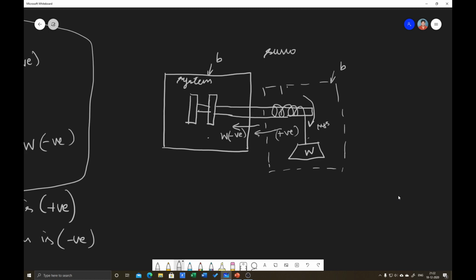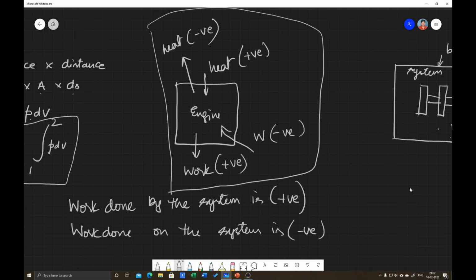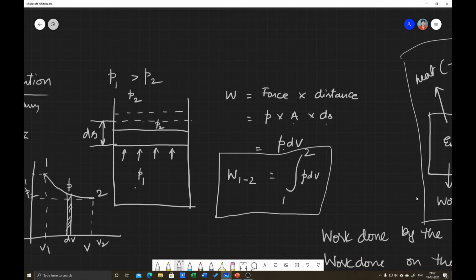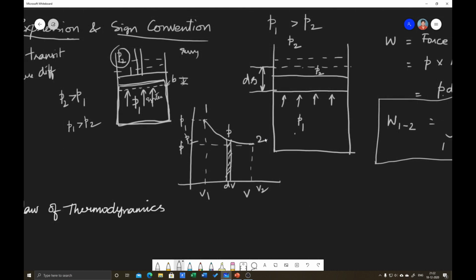So this is positive work for this system, whereas it is negative work for the other system. This is how work may be transferred. If it is a shaft, it will be transferred like this. If it is a piston and cylinder, the transfer will be like this. This is how work and heat are described.